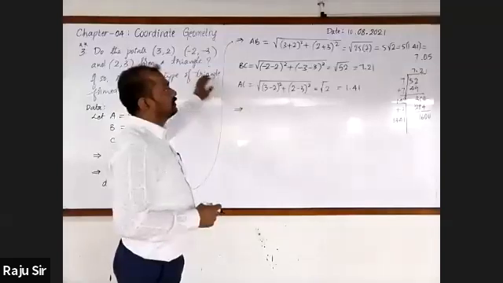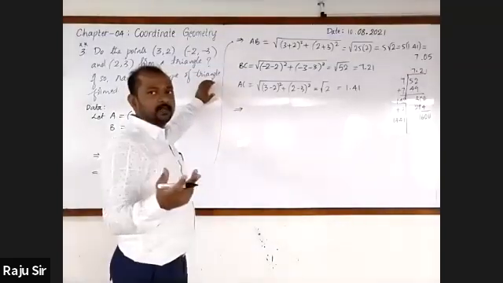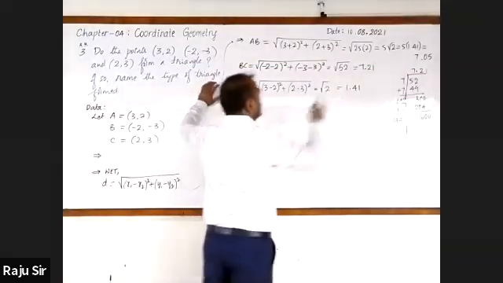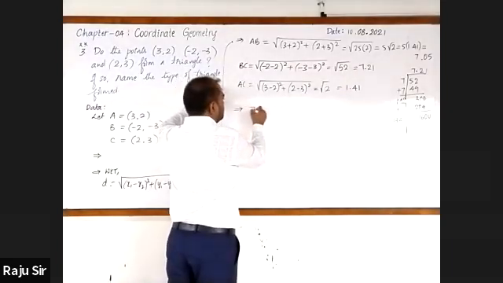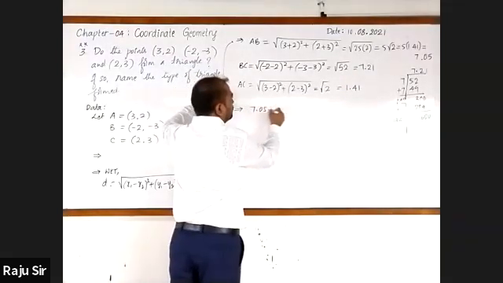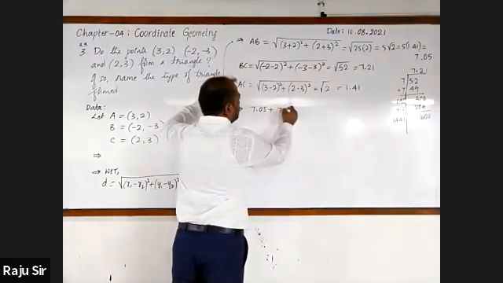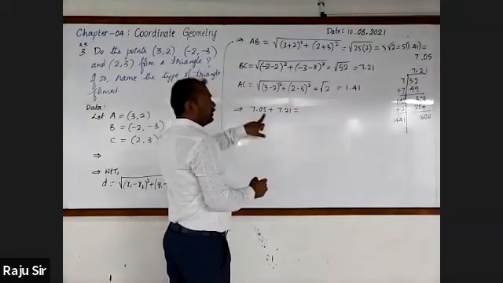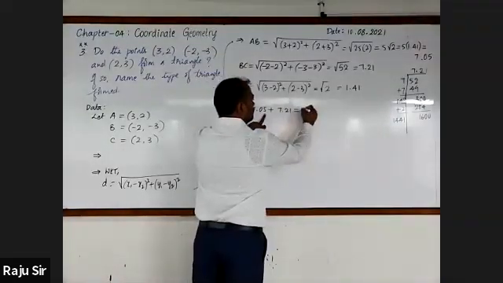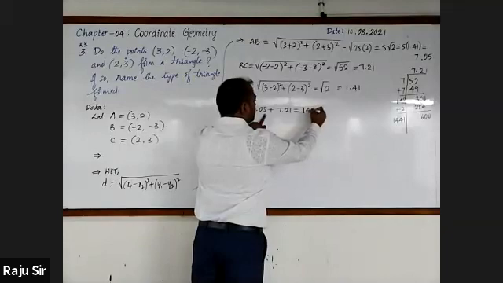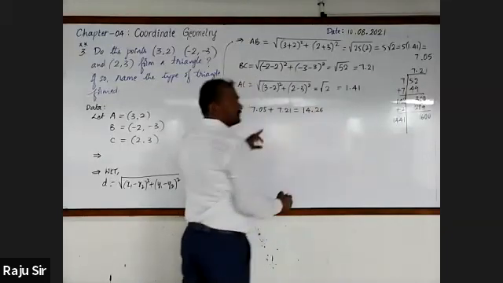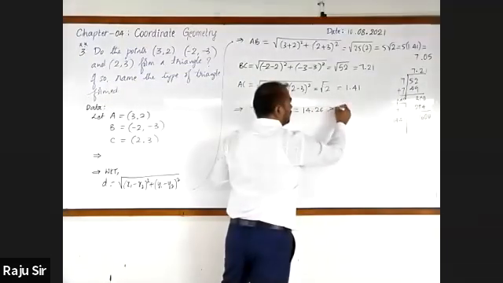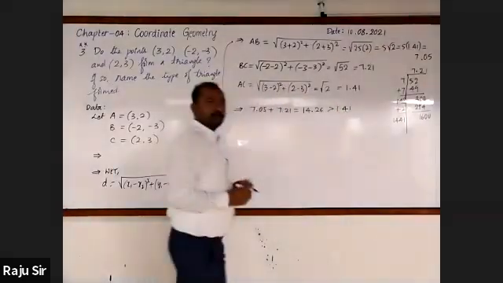You can check it out. There are 3 possibilities. One is here 7.05 plus 7.21, which is equal to 14.26, which is greater than 1.41, right?